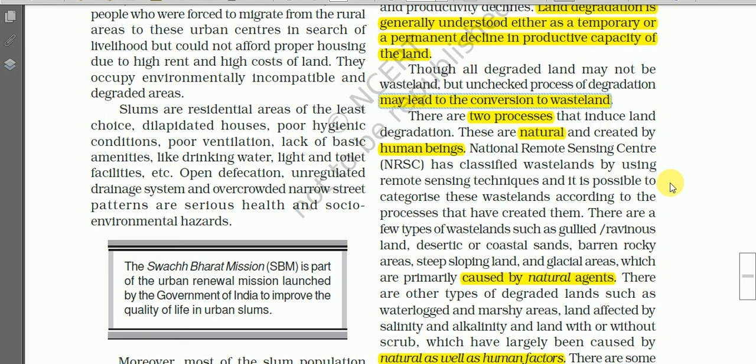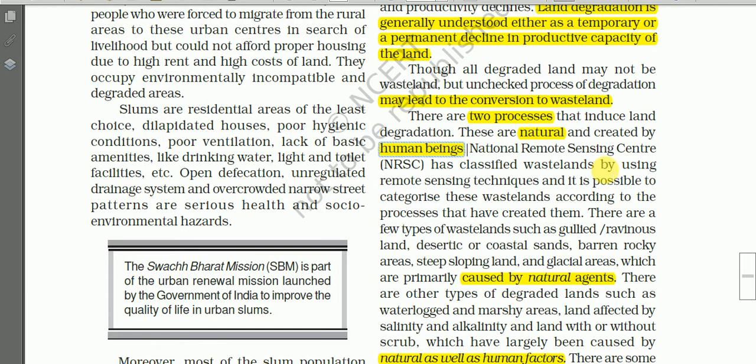And about the causes of land degradation, we have two processes that induce land degradation. The first one is the natural process or natural cause, and another one is created by human beings.